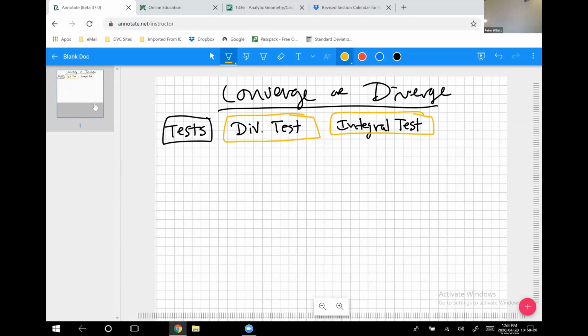So the integral test was helpful because it drew upon some work we did in chapter 7.